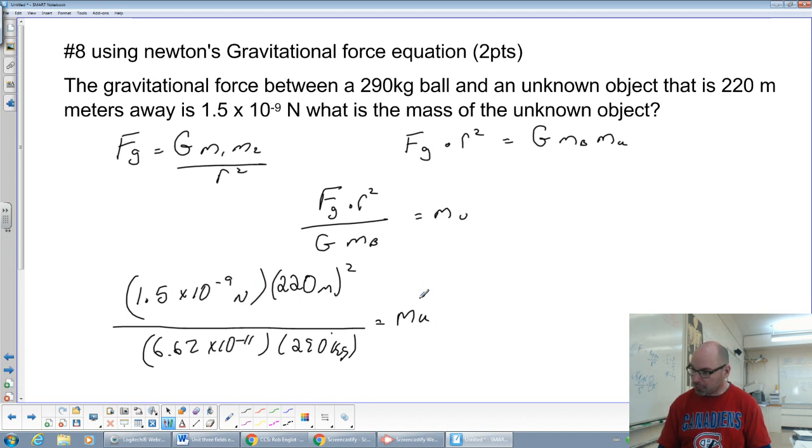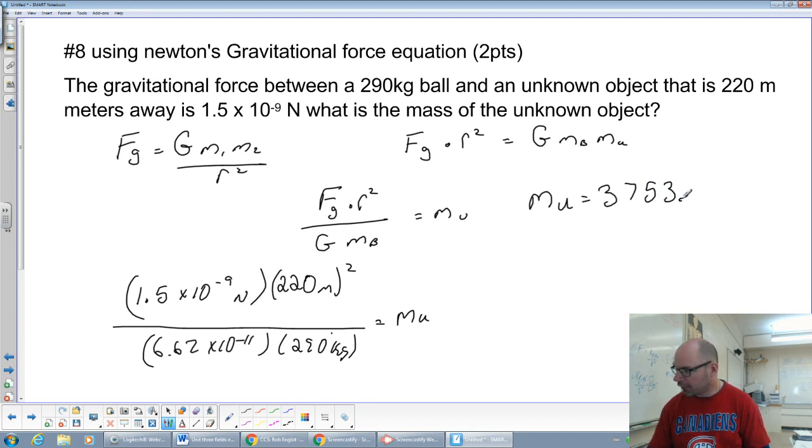Then I'm going to divide out 290. So we get a fairly massive object. The mass of this unknown object is 3,753.3 kilograms. To two significant figures, the mass is going to be 3,800 kilograms.